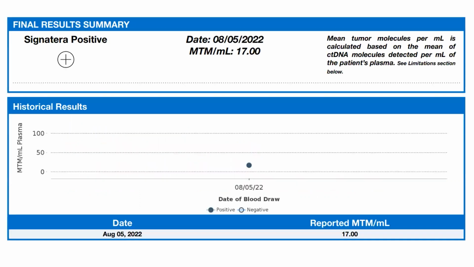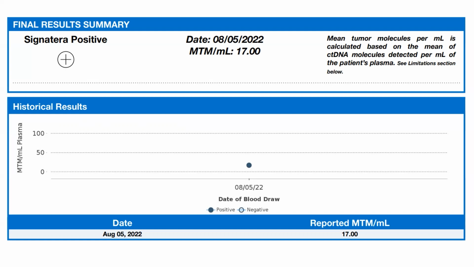He had a blood draw done before treatment began, and he had a score of 17 MTM per milliliter. MTM is a measure of the mean tumor molecules, which quantifies how much circulating tumor DNA they're finding based on their analysis from the tumor specimen.